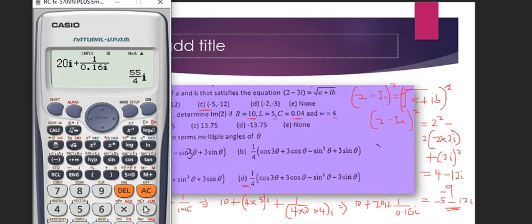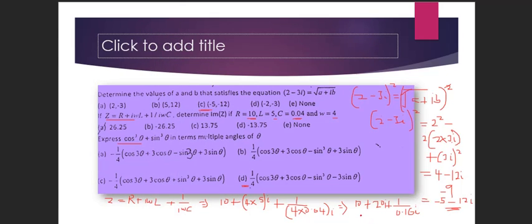This will give us 55 on 4i, that's 13.75i. So we have 10 plus 13.75i. So our z is equal to 10 plus 13.75i. From here you can just find your corresponding answer.